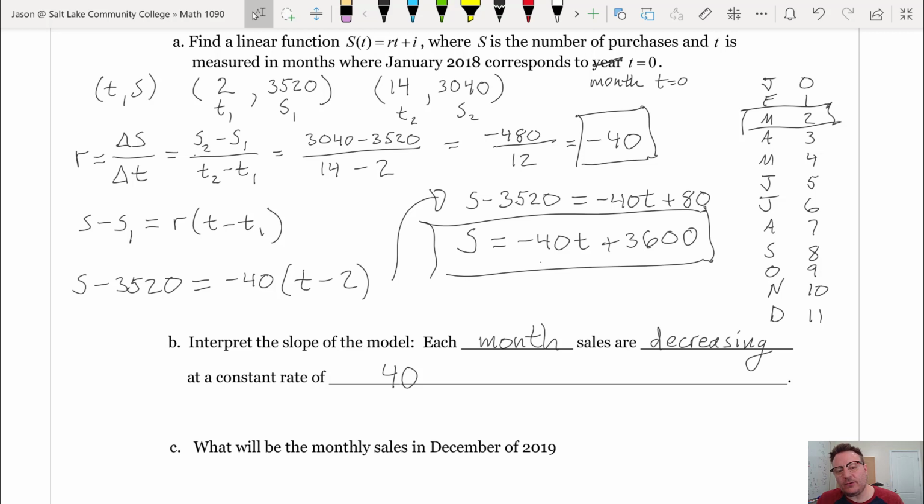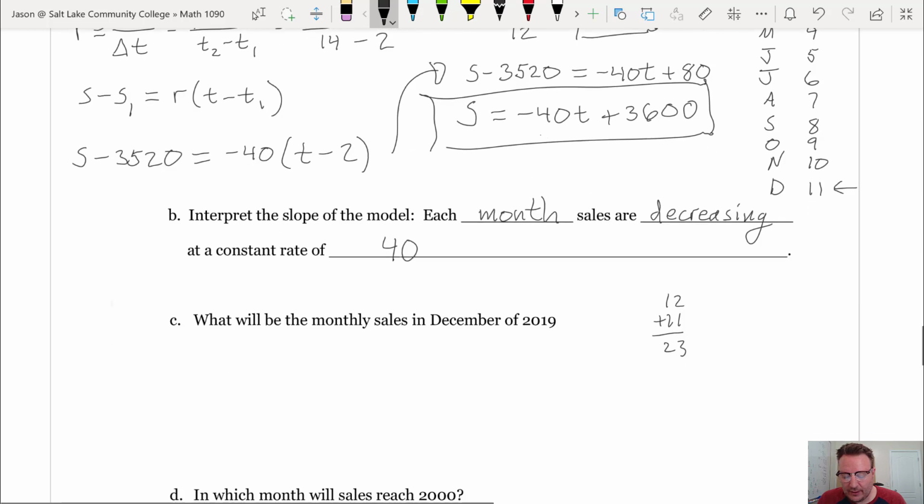It's a full year, 12 months, plus the 11. Remember, December is related to 11. So December of 2019 will be 12 plus 11, which is 23. 23 months. So we want to compute S of 23.